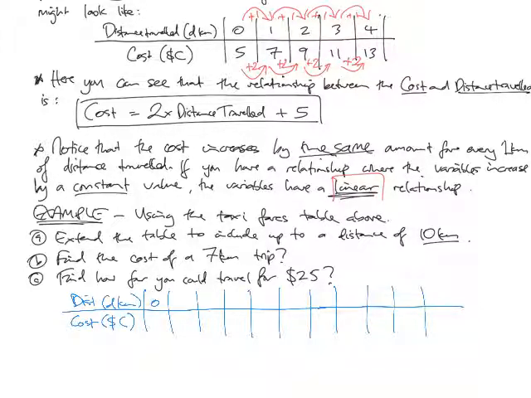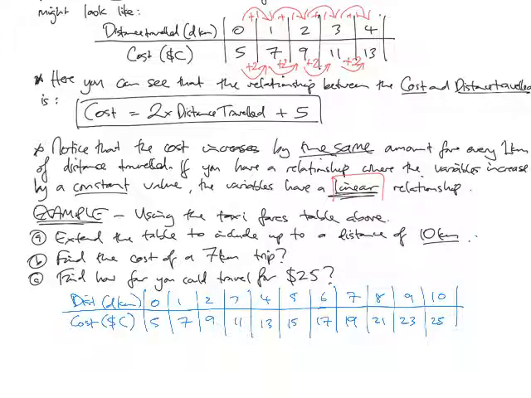So distance 0, 1, 2, 3, 4, 5, 6, 7, 8, 9, and then lastly 10. And we already know 5, 7, 9, 11, 13. It's been established that they're going up by 2 each time, so that'll be 15, 17, 19, 21, 23, 25.